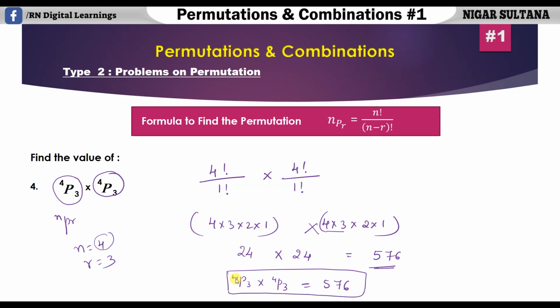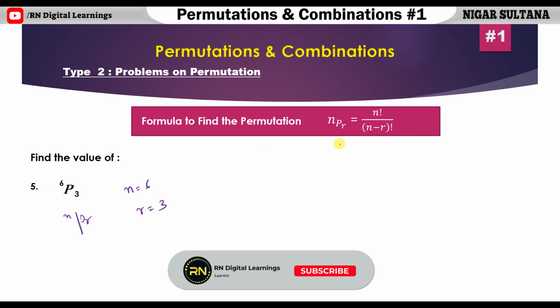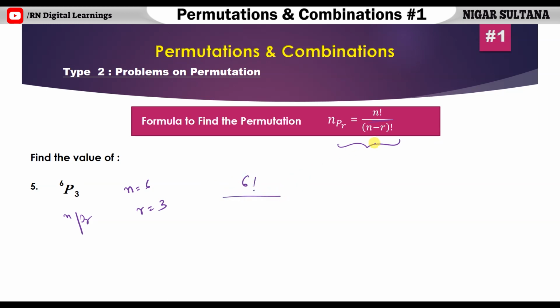Yes, now let's solve another problem. Last problem of this permutation. Next is 6P3. This is also in the form of nPr. The value of n is 6, the value of r is 3. Substitute in this formula. n factorial is 6 factorial divided by n minus r, 6 minus 3 is 3 factorial.